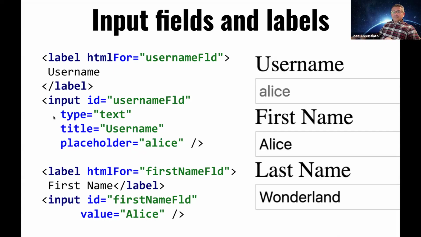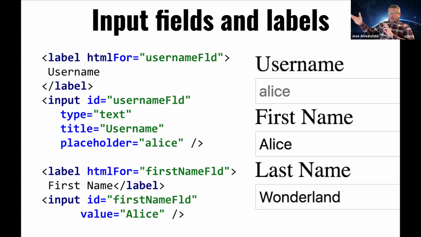Now, if it is type text, you can have another optional attribute called the placeholder. Placeholder is one way to give the user a hint of what we're expecting you to type. So for instance, with placeholder Alice, it renders a grayed out area with grayed out text, giving you an example of what I am expecting you to type here.